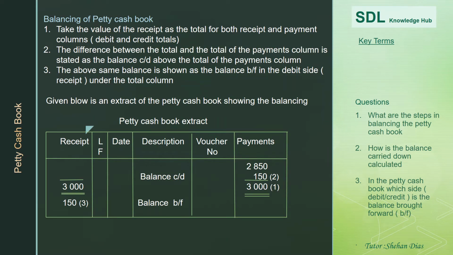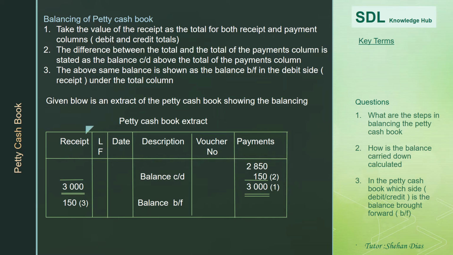Now we will look at how to balance the petty cash book. So take the value of the receipts for the total of both sides, the receipt and payment side. That means the debit and credit side. Then find the difference by deducting the total on the payment side.